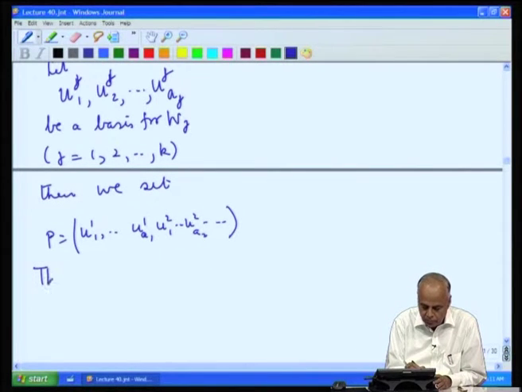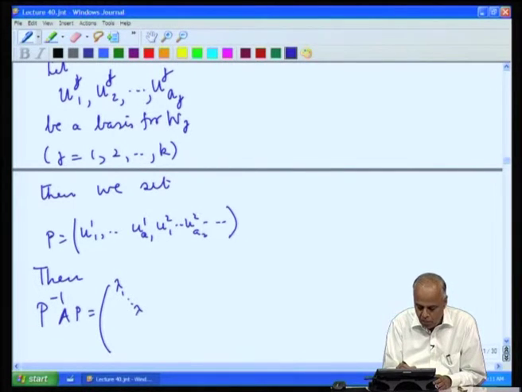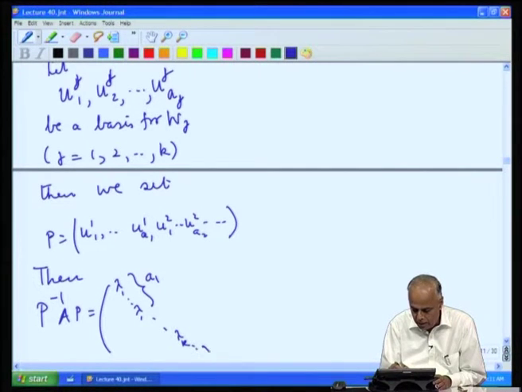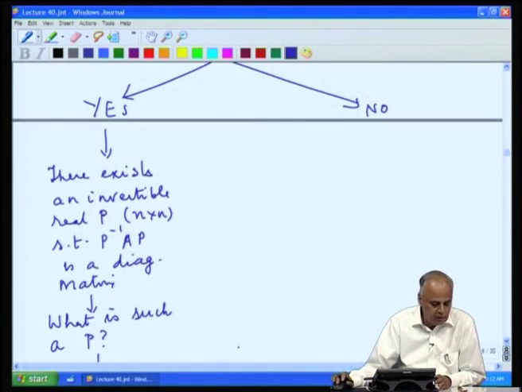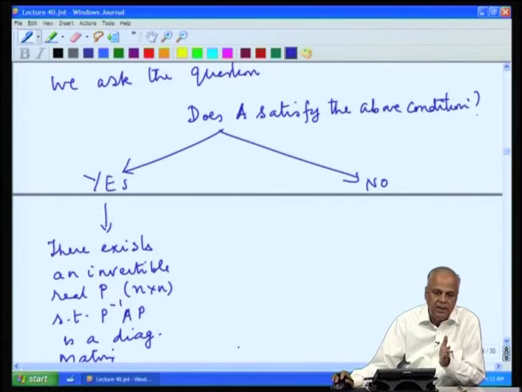Then P inverse A P will be a diagonal matrix where lambda 1 will occur a1 times and so on, lambda k will occur ak times. So, that is the case when A satisfies the condition for the existence of a P.